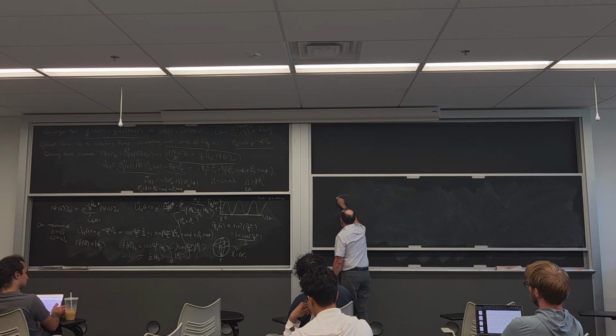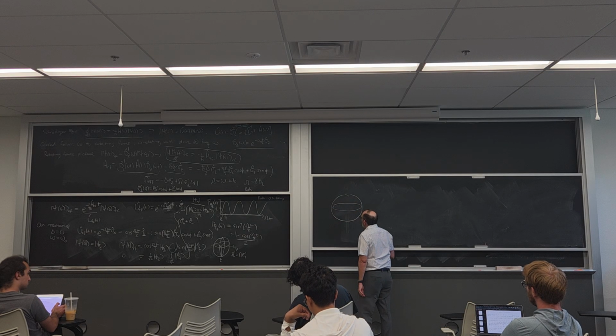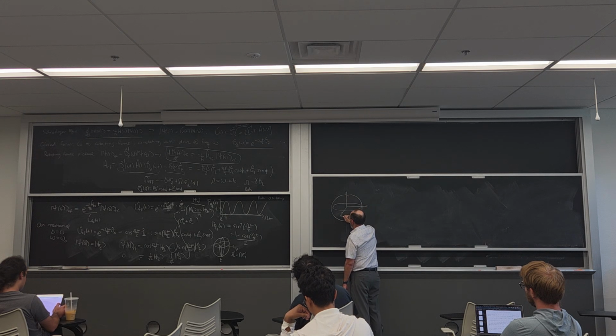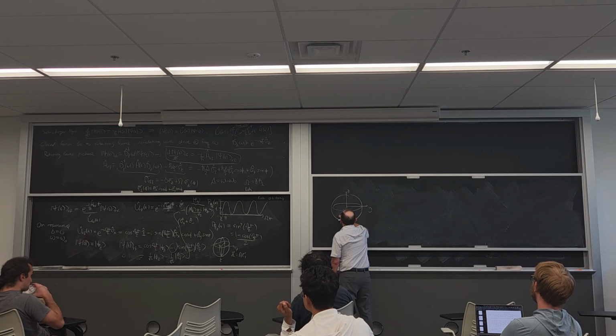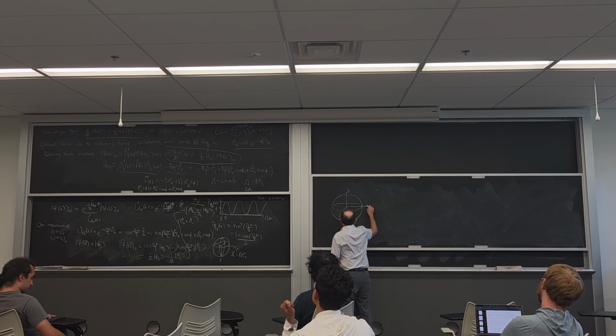if I draw this picture over here of the Bloch sphere, I'm going to draw it in a slightly different way. So here's the x-axis, here's the y-axis, here's the z-axis. Actually, I can't draw perspective very well.